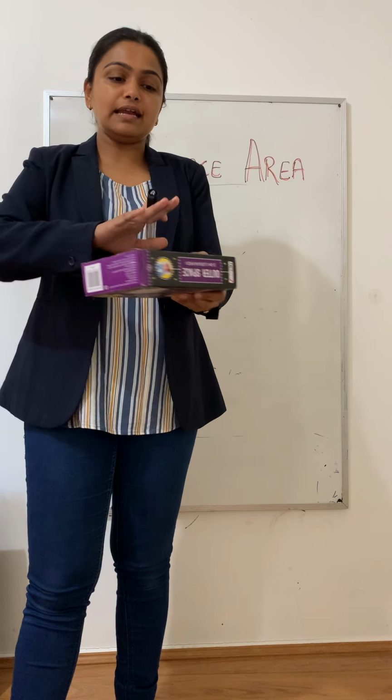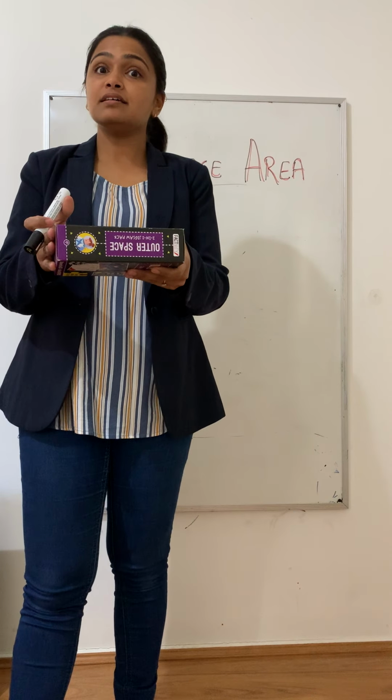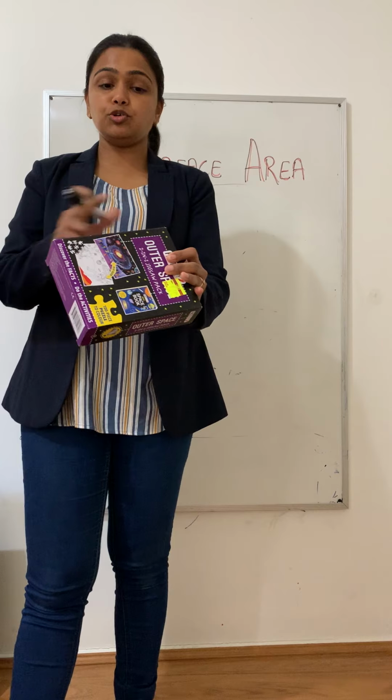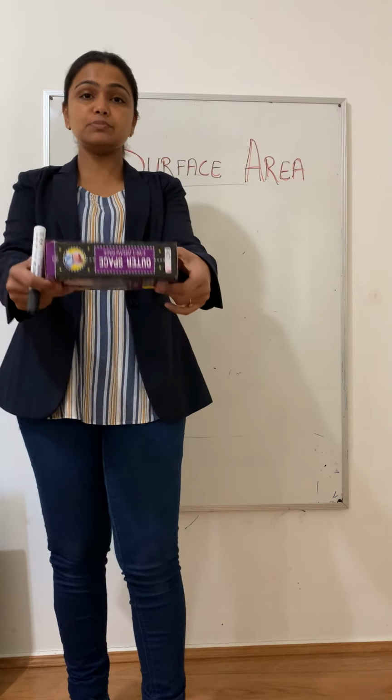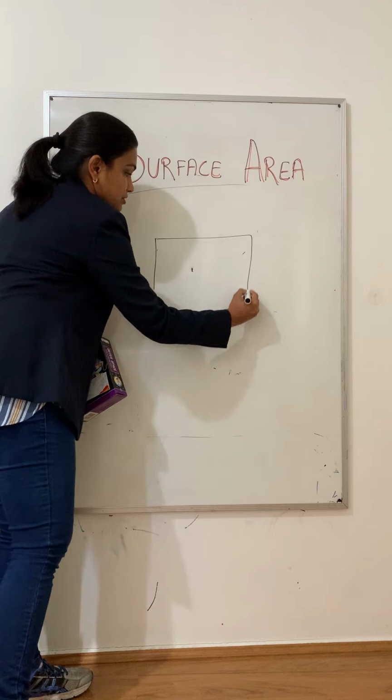This side is the same as this side, and this side is the same as this side, this side is the same as this side. So if this box is given to you with all the dimensions and I ask you to find out the surface area of this box, it's a rectangular prism, right? So let's draw a rectangular prism first of all.